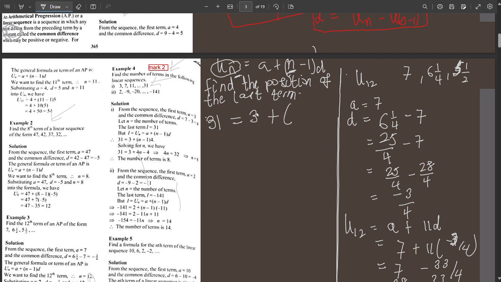We don't know n. That's what we are finding. We are finding the n for the first one. Because the n here is the n that we are finding. 1 is equal to n or x, but I chose to use n right now.